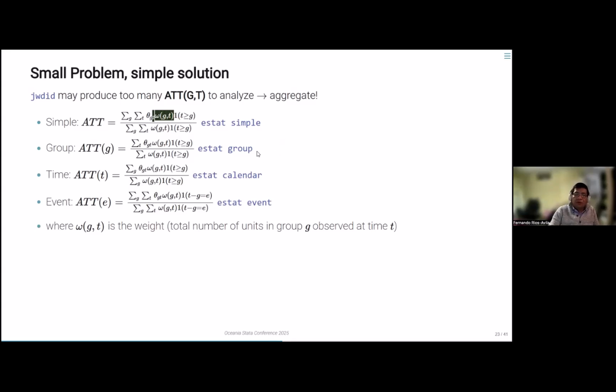You can do the same by group, by averaging the treatment effects across all periods for a specific group. The same goes for calendar time. And for the event, the only difference is that you always make sure that the difference between the time of analysis and the cohort is equal to a particular value. That's it.